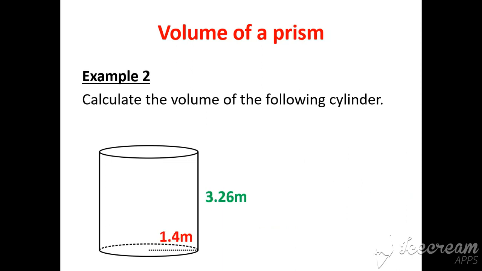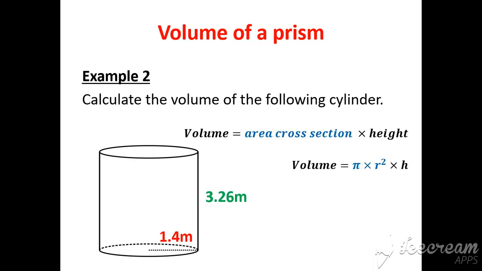Okay, let's do a second example, exactly the same as the first, although the measurements are in meters, just to reinforce what's going on. So the volume is area of a cross-section times height. The cross-section is a circle, so it's pi times radius squared. We are going to substitute in the radius of 1.4, and we're going to substitute the height of 3.26.